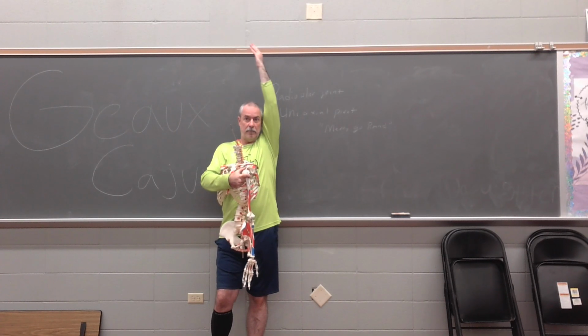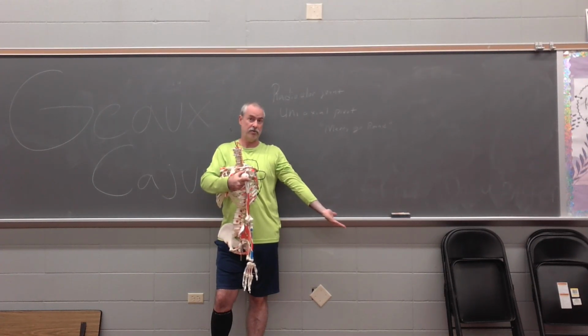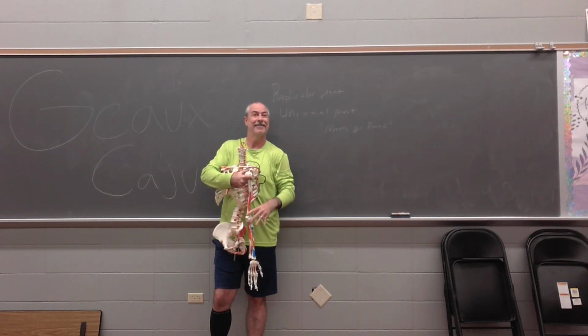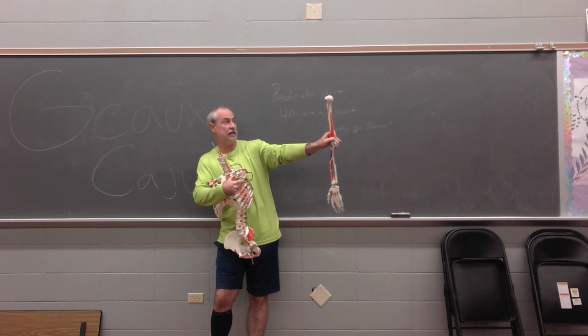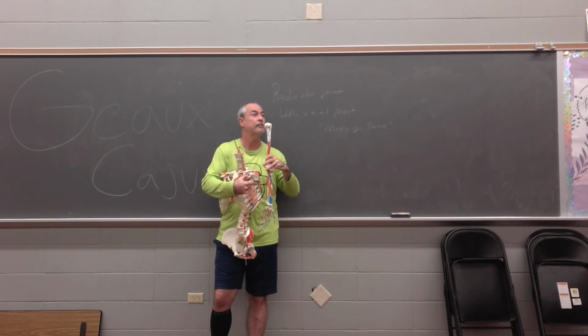So once you go up like this, you can just adduct and be externally rotated because the head is not lined up straight with the humerus. You see, in fact, it's slightly posterior, some of that angle too. So it's not like it's lined up straight.